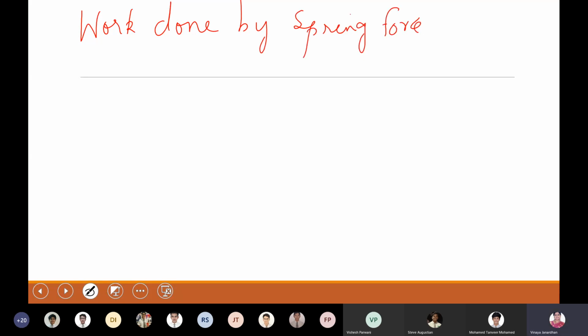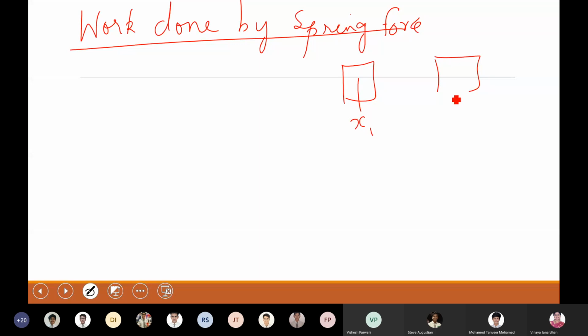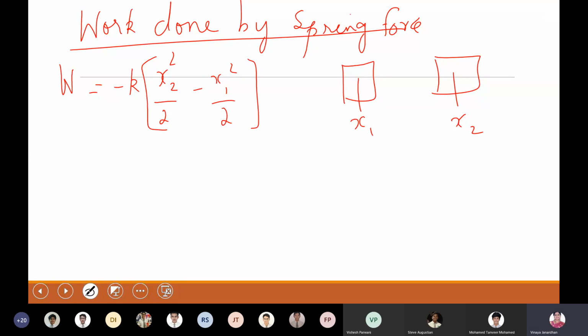When your object moved from x1 to x2, the spring has moved from x1 to x2, work done is equal to minus k into x2 squared by 2 minus x1 squared by 2. This was when the spring started from point x1 and moved to x2.